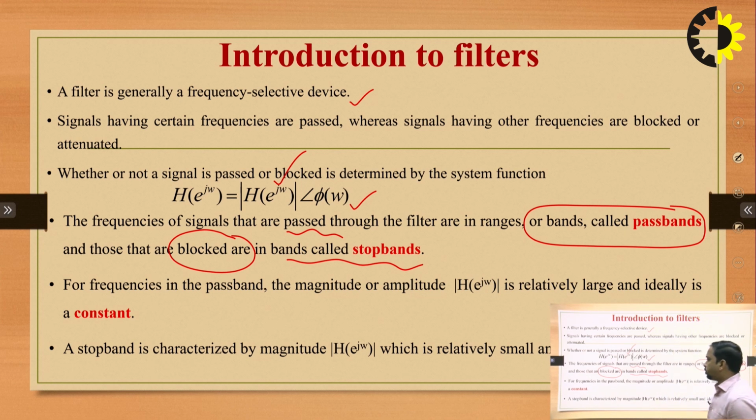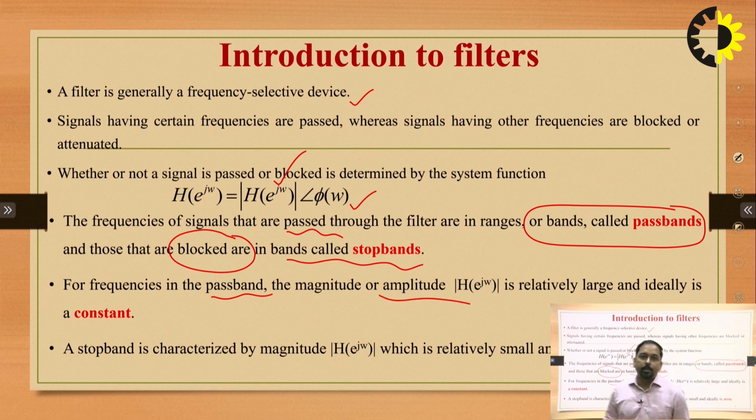Now for frequencies in the pass band, the magnitude of H(e^jω) is relatively large, very high, whereas it is very low in the stop band.